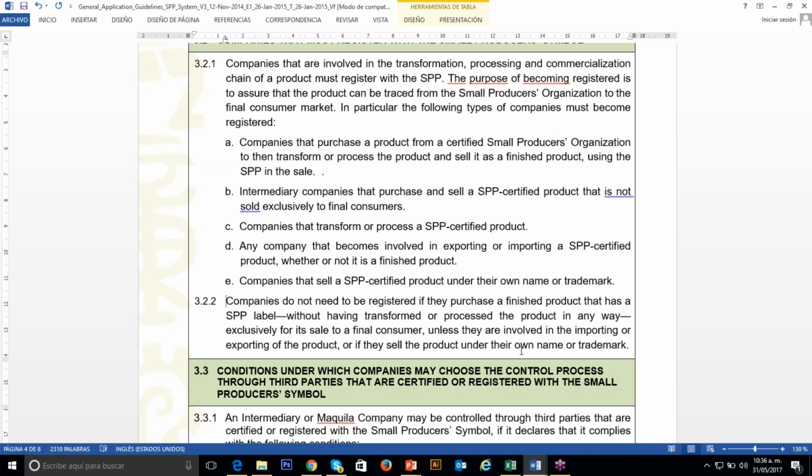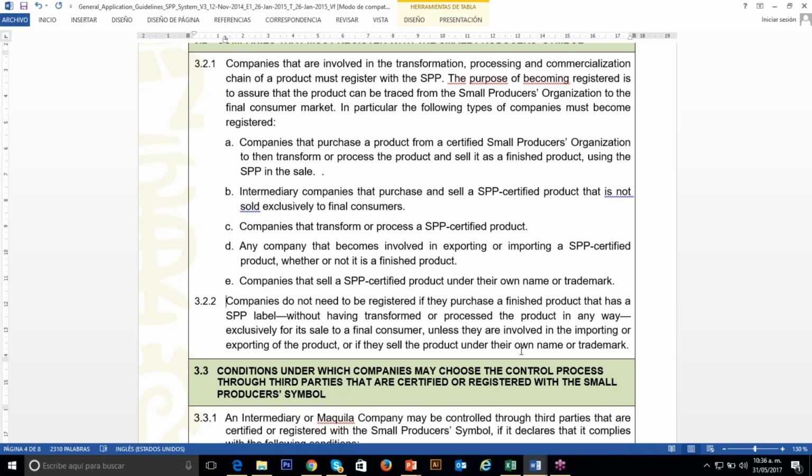For example, if I have a small company, and I buy final product from a cooperative here in Mexico, Uciri, it's a SPP certified organization, and they sell a final product with the brand of Uciri, their own brand.